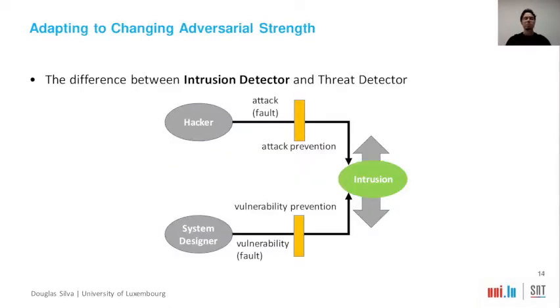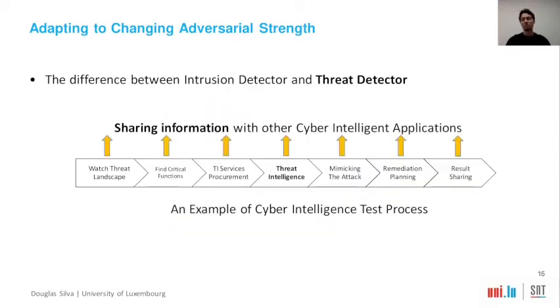Before going on to explain the mechanisms that came up in our protocol, let me clarify the difference between an intrusion detector and a threat detector. An intrusion detector is something inside the system that protects the system against an attacker that kicks in either by attacking the system or by exploiting a vulnerability. The intrusion detector will act here either to remove or to tolerate this hacker, this threat.